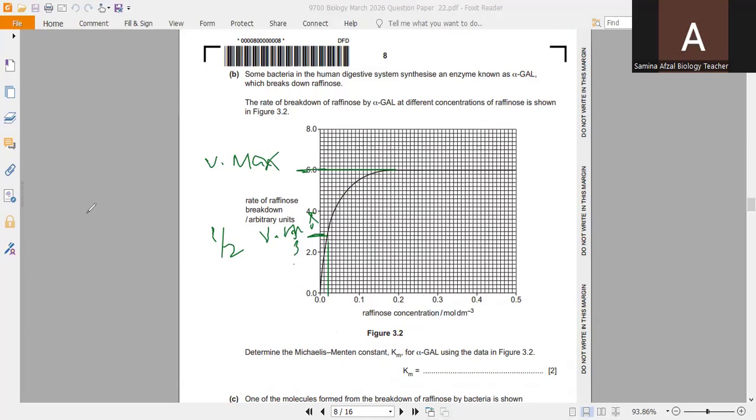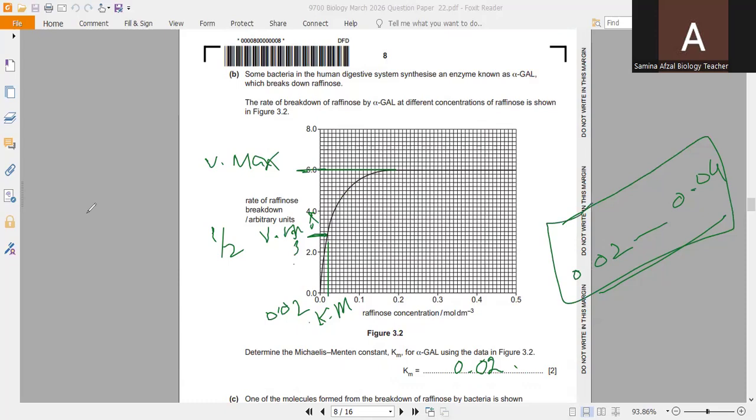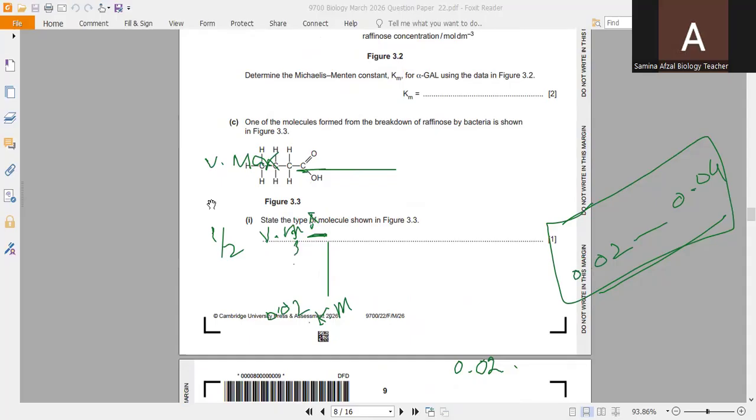So it will be equal to 0.02 on this graph. And it can be accepted from 0.02 onwards, up to 0.04. This range will be accepted according to your marking scheme, because it will be different in different sizes of the pages.